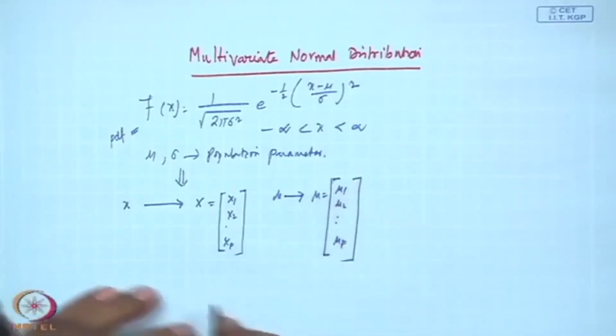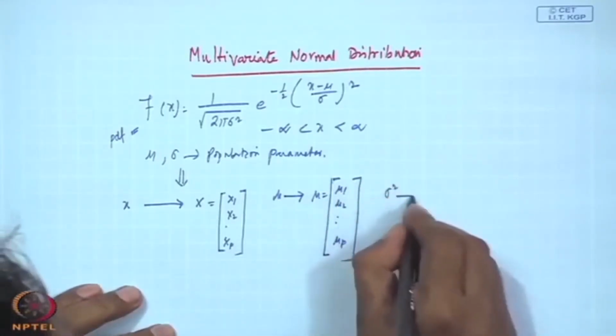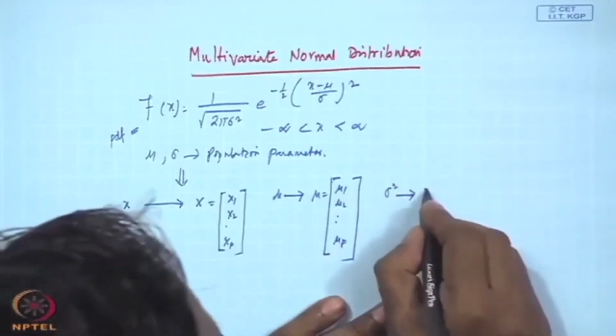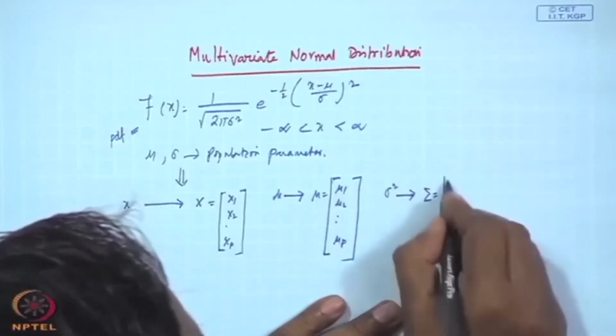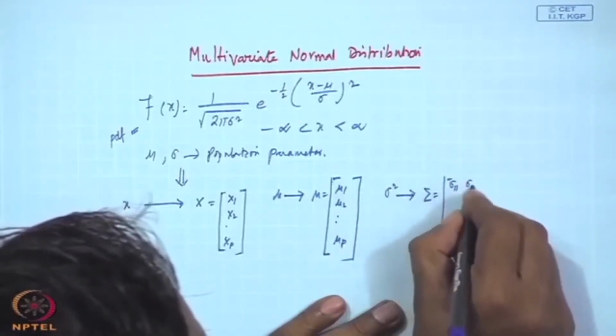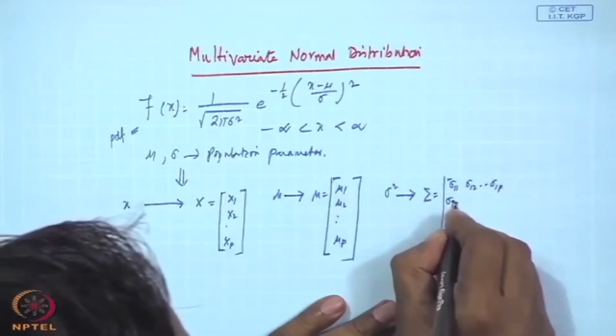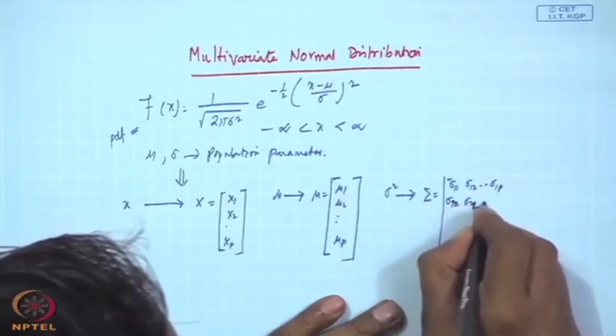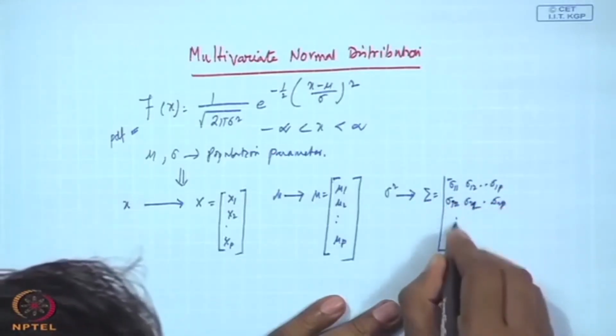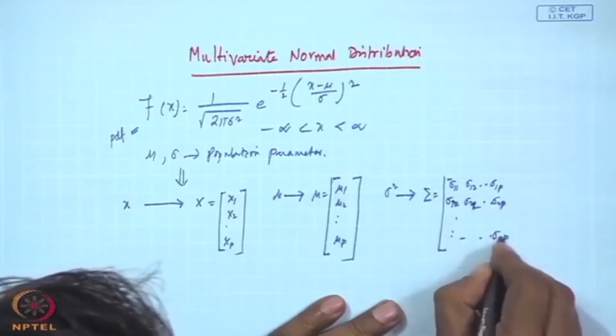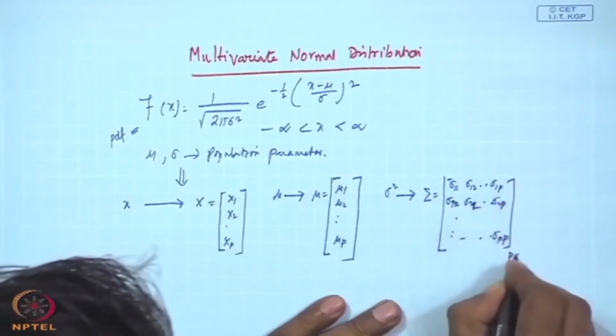Similarly, univariate sigma square will no longer be univariate, it will be a multivariate covariance matrix, p cross p.